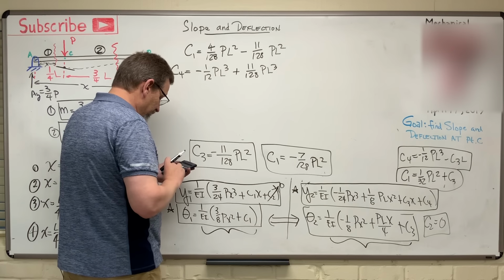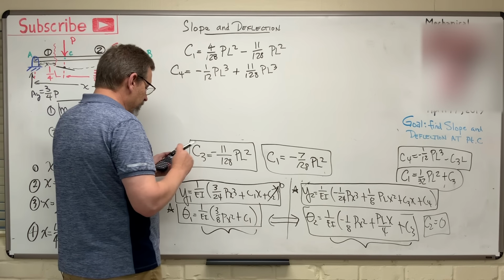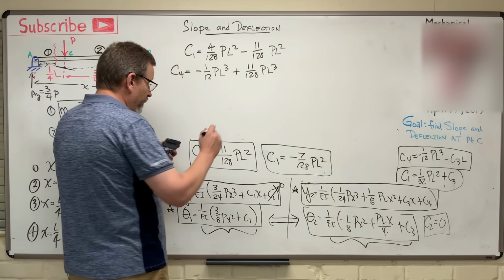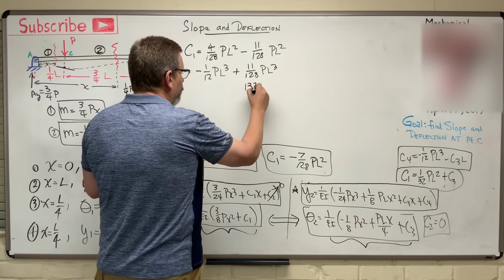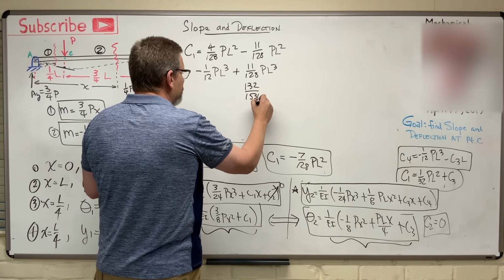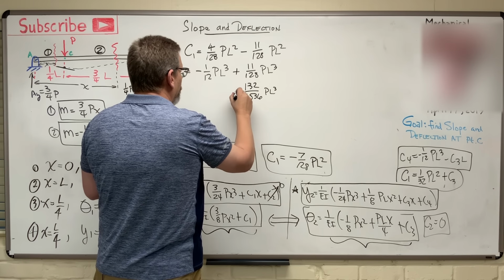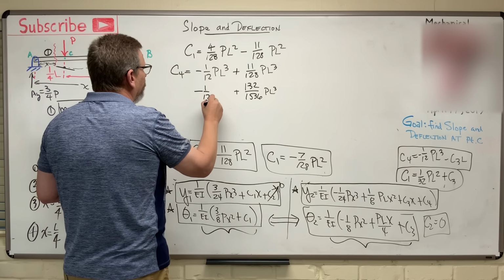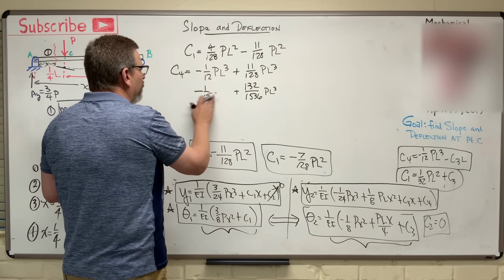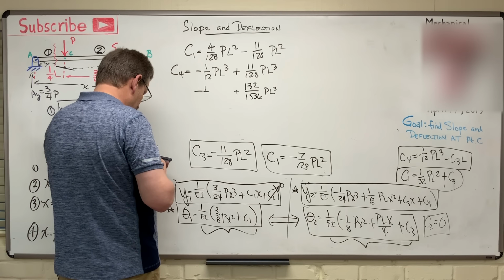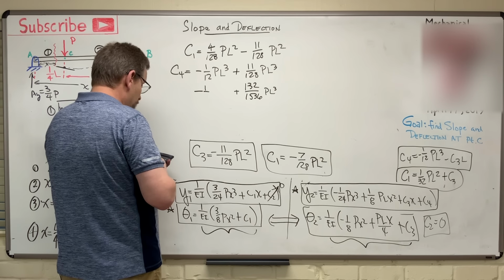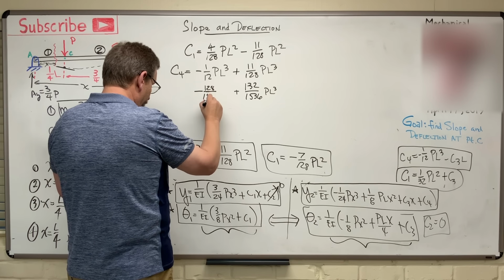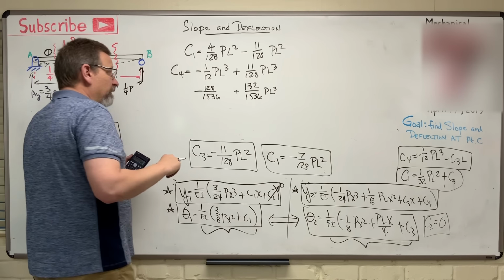12 times 11 is 132. So this becomes 132 over 1536 PL cubed plus negative 1/12. And this one in 1536, let's see, 1536 divided by 12 is 128.